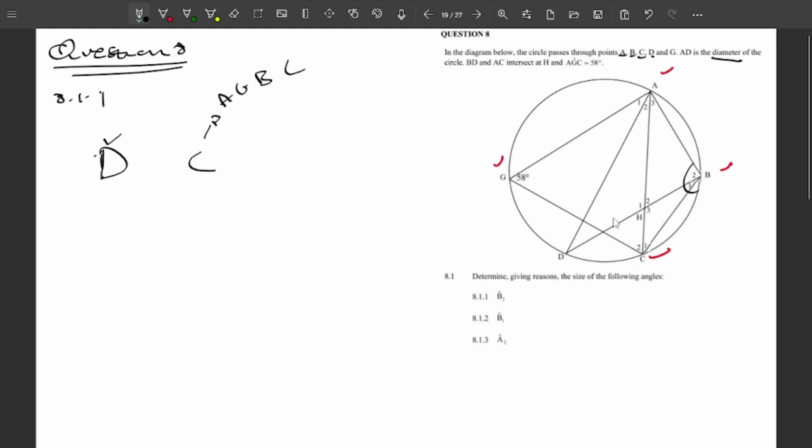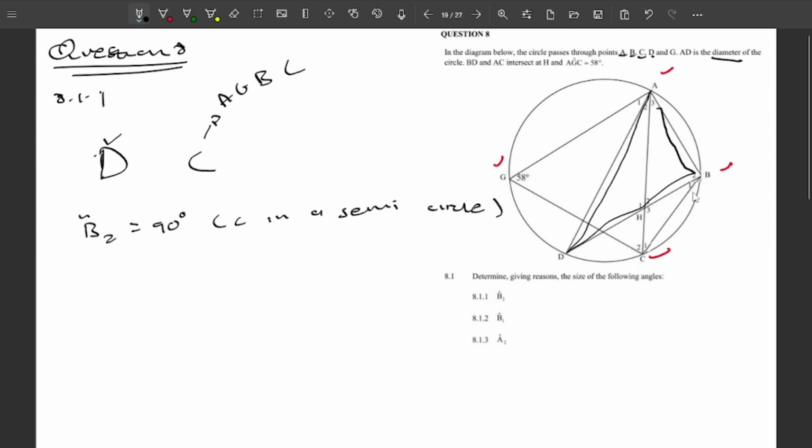They said angle B2. They were very adamant. So we have our diameter, which is here, and for our diameter we're going to use angle in a semicircle. So this means that angle B2 is equal to 90 degrees. The reason being angle in a semicircle.